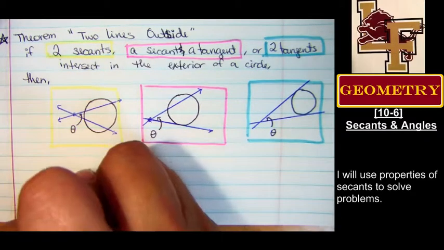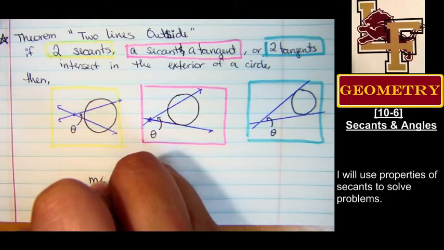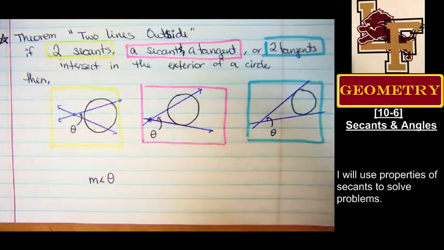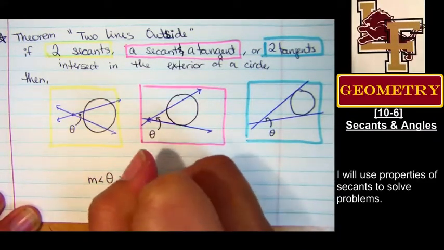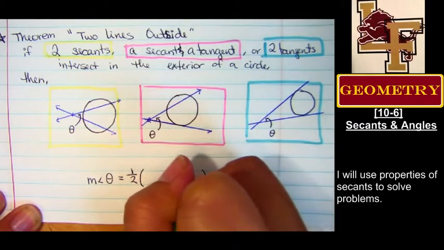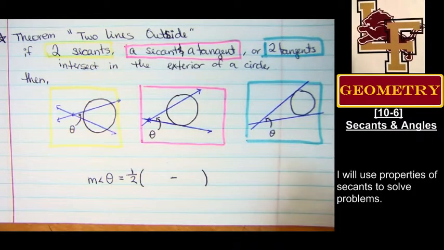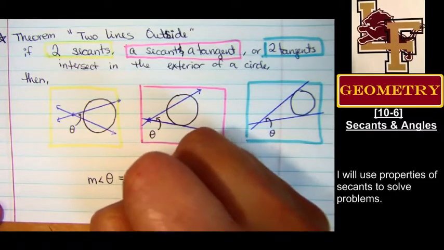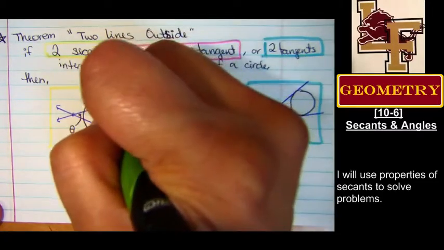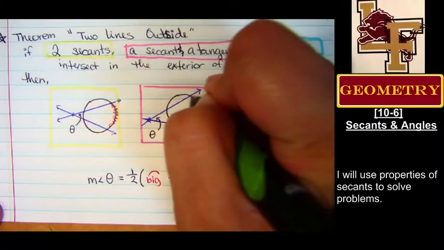All right, the formula says this. The measure of angle theta is equal to 1/2 whatever we get when we subtract, not add. Inside is add, outside is subtract. The big arc's measurement, and by big arc on this one we mean these.